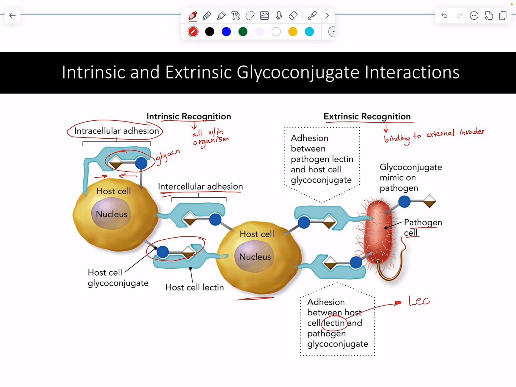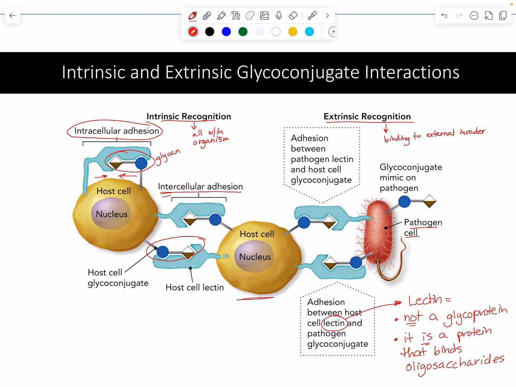A lectin is not a glycoprotein. That's first of all what it is not. It is a protein that binds oligosaccharides. So lectins recognize glycoconjugates, and that's important vocabulary to know.